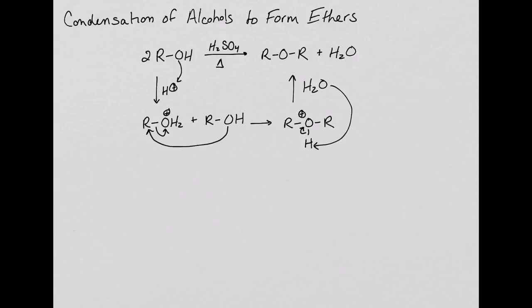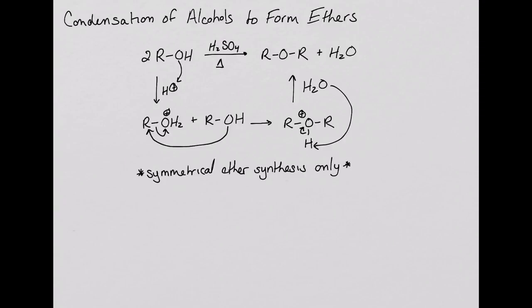It is important to note that this reaction only works in the formation of symmetrical ethers. We can see why this is so if we try to set up the reaction with two different alcohols. If we try to carry out a condensation reaction with alcohols with two different R groups, R1 and R2, we will get a mixture of products.